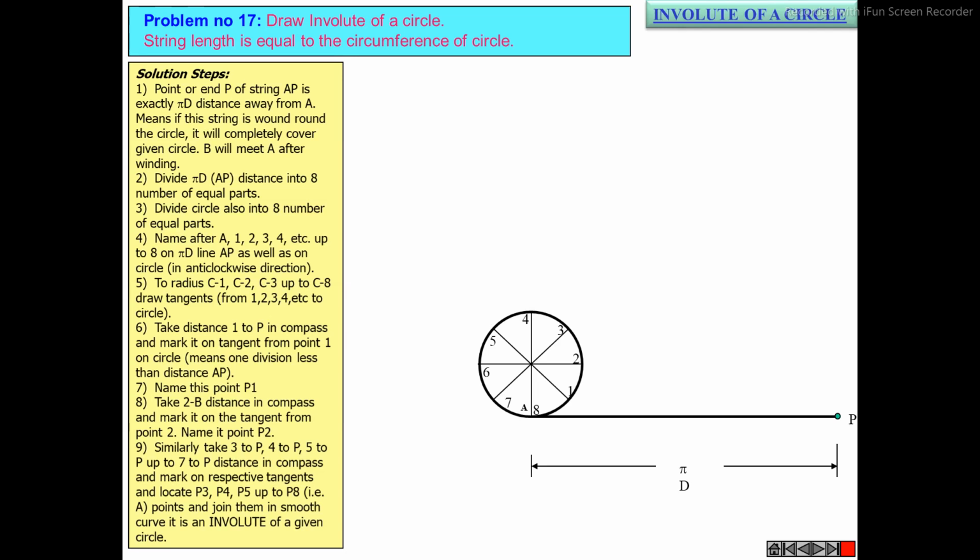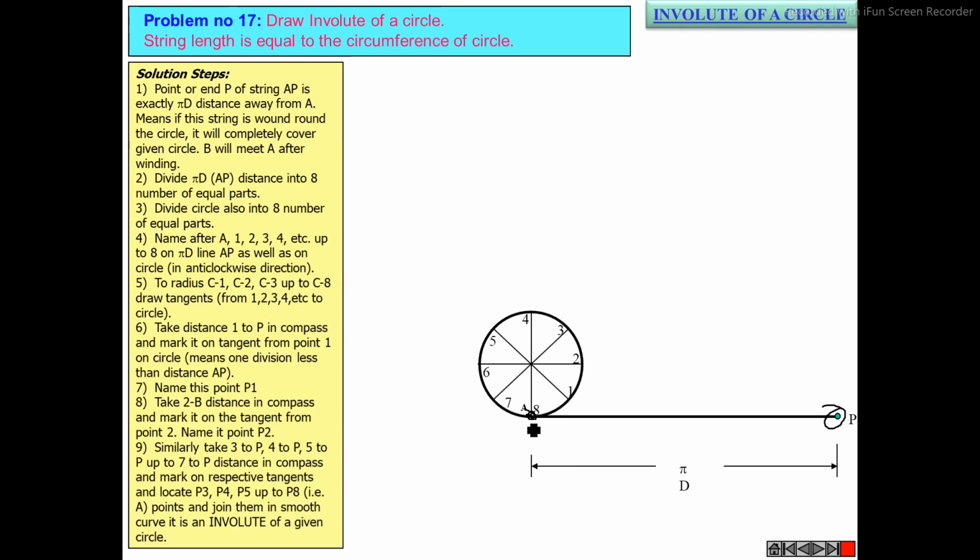Now what you need to do, see, so far we have got two locus points. One locus point is this one and another locus point is this one. We need 6 more locus points. So 6 plus 2, altogether 8. That means here we will be getting 8 locus points including point A and point P. If you want to generate those 8 different locus points of the involute, you need to divide the given length of line, which is equal to 2 pi r, again into 8 equal parts.